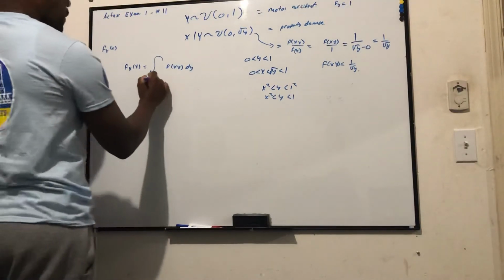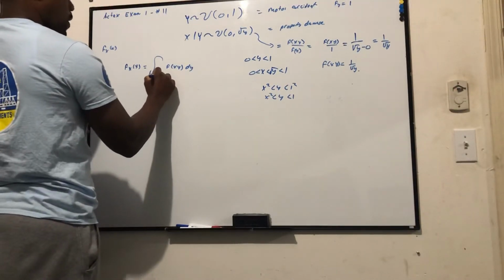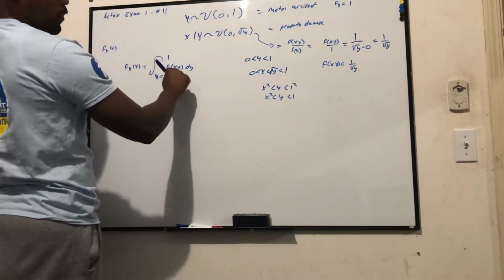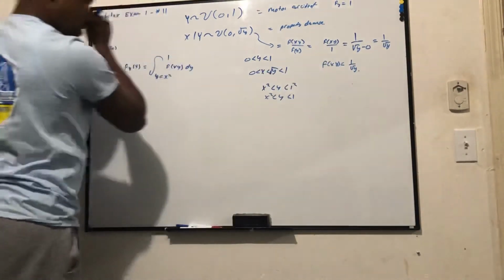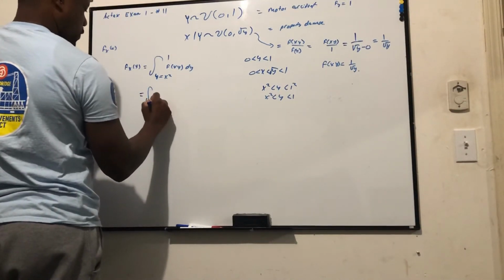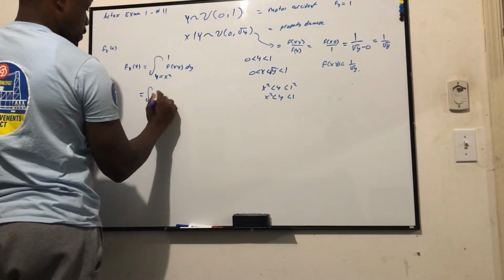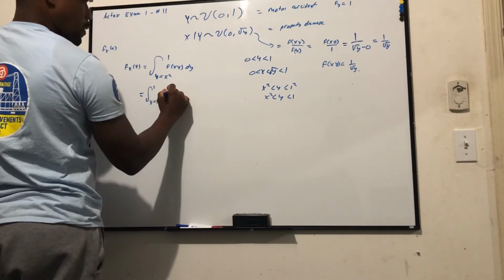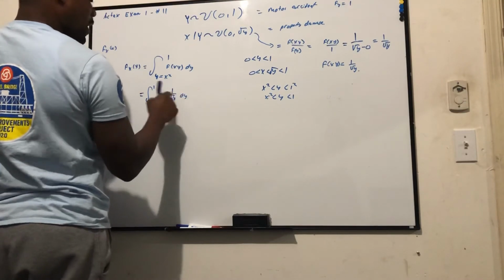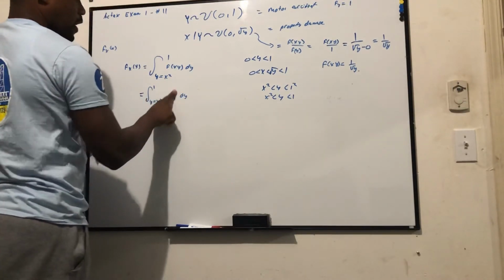Let's do that. So y goes from x squared to 1 of the joint. And that right there. So y is equal to x squared to 1 dy. I don't like it like this, so let me write the way I like to see it.